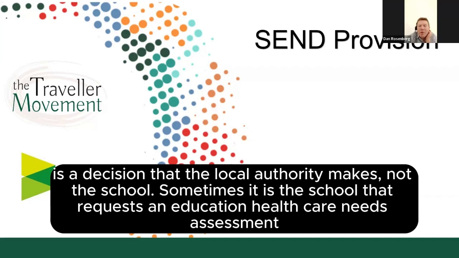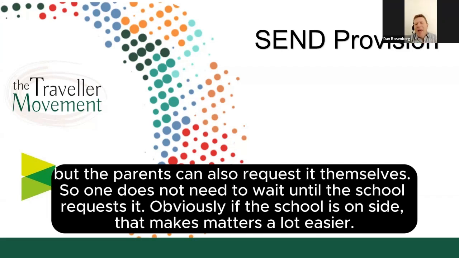Sometimes it is the school that requests an education, health and care needs assessment, but the parents can also request it themselves. So one does not need to wait until the school requests it. Obviously, if the school is on site, that makes matters a lot easier.